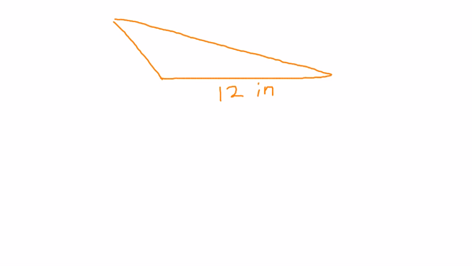So in this case, our height would actually be this distance right here. And I'm going to tell you that this is 5 inches. This has to be the height because the base and the height must come together to form a right angle.